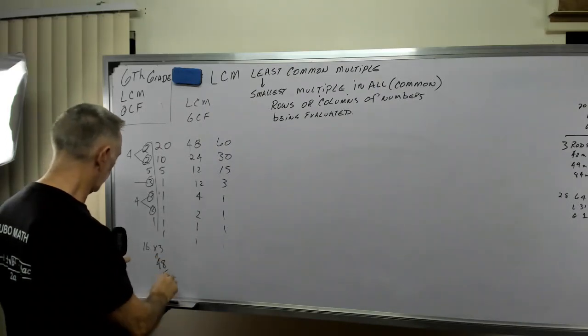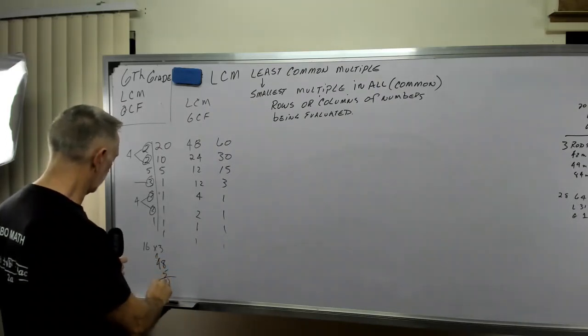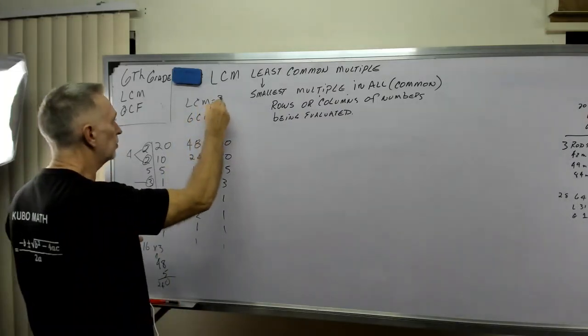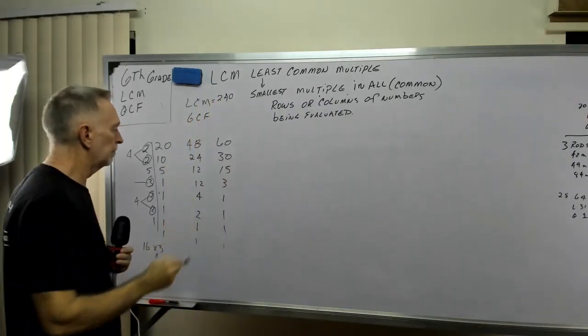Bring the 4. 5 times 4 is 20 plus 4, 240. My least common multiple is 240.